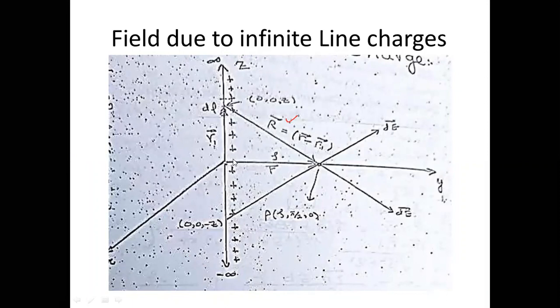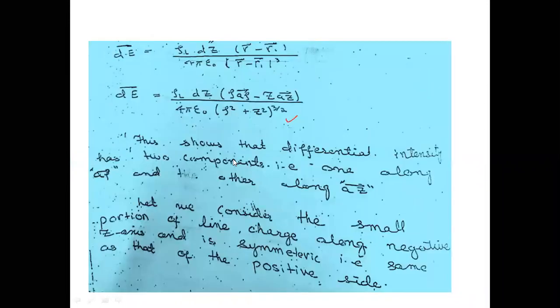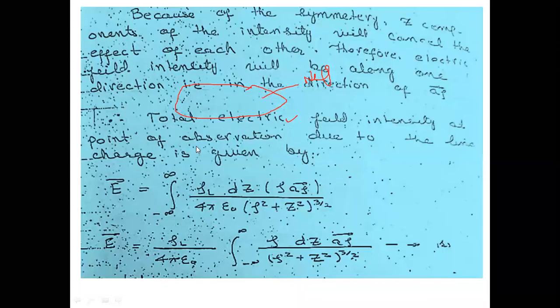So neglecting this portion, we will get this portion only: rho l dz a rho.